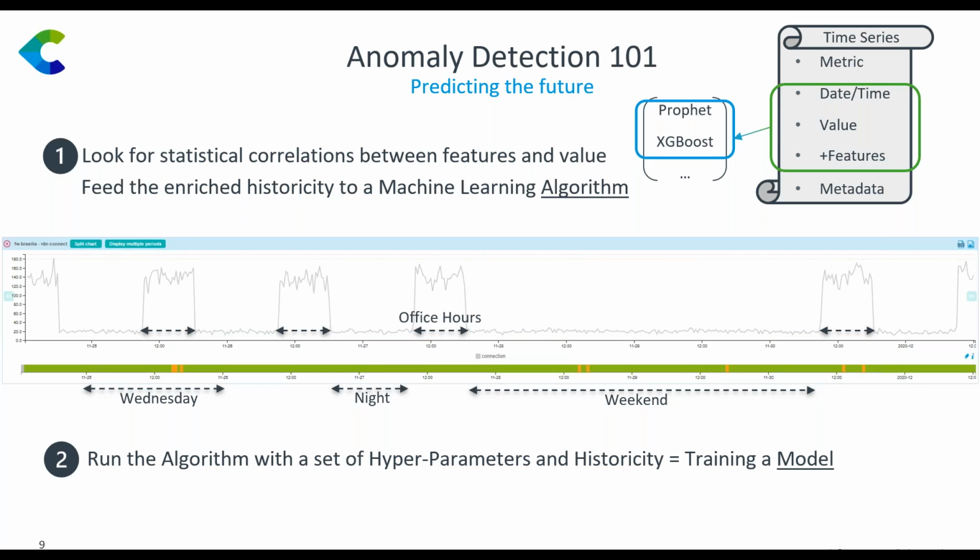Is it more impacted by the weekend? And so that's the role of the model. It takes into account all these different variables, features, and tries to find the best way to explain a value based on a combination of these features. That's how the model works.